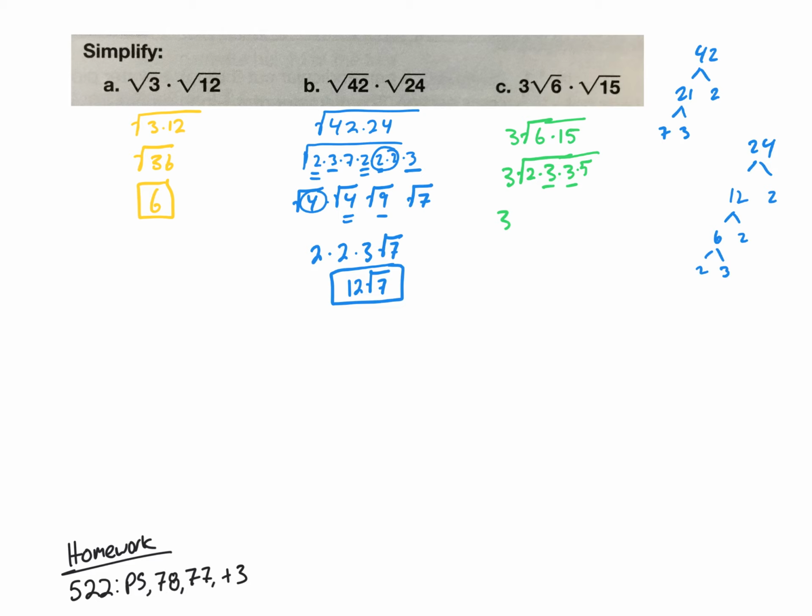So here's the 3, and then I have the square root of 9. That's from the two 3's. And the square root of 10. That's the 2 and the 5 multiplied together. And the square root of 9 is just 3, so I'm going to have 3 times the square root of 10. And 3 times 3 is 9, so I'm going to have 9 square roots of 10.